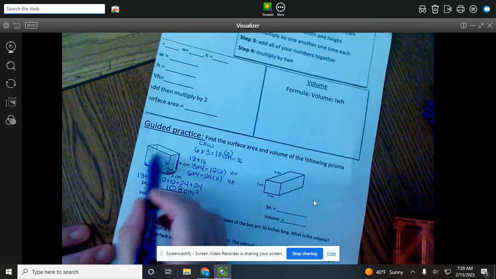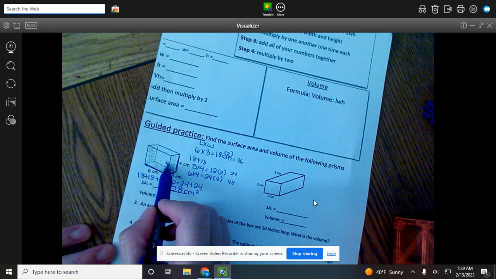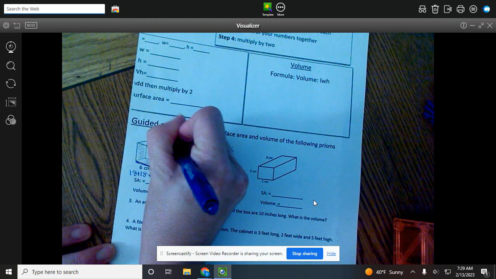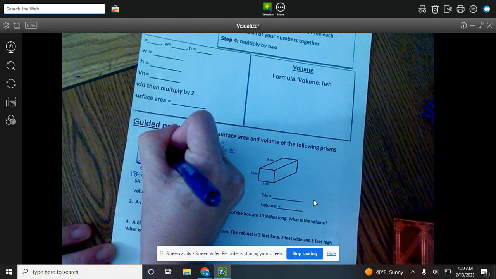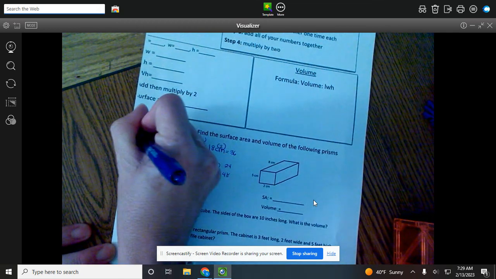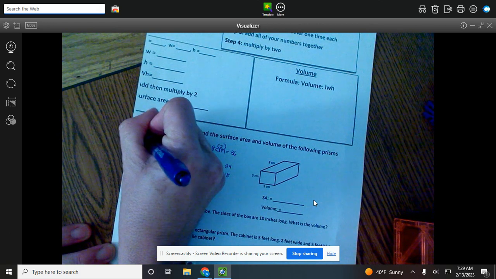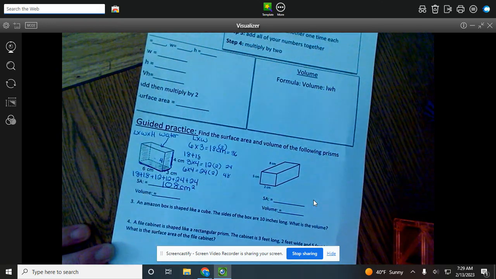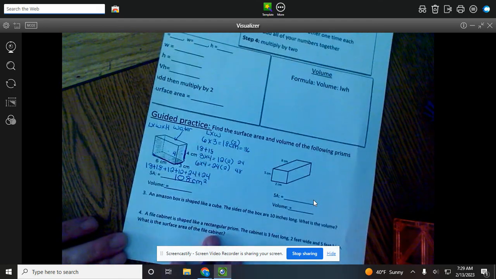Now, if you were trying to find the volume, the volume would be as if this right here was a fish tank, all right? And we want to find out how much water goes inside the fish tank. This is super easy because all you're going to do is your length times your width times your height. And it's really that easy for the volume.